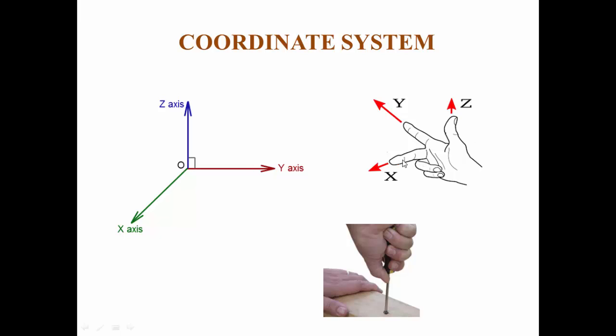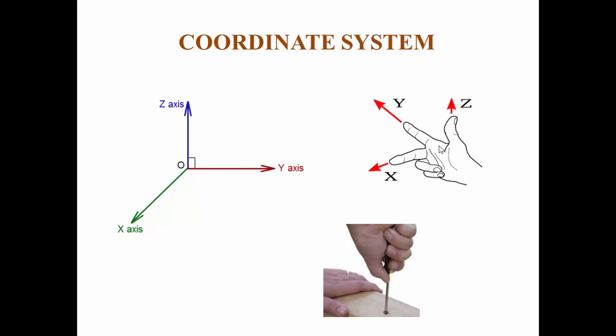The center finger indicates the x direction, the forefinger indicates the y direction, and the thumb indicates the z direction.